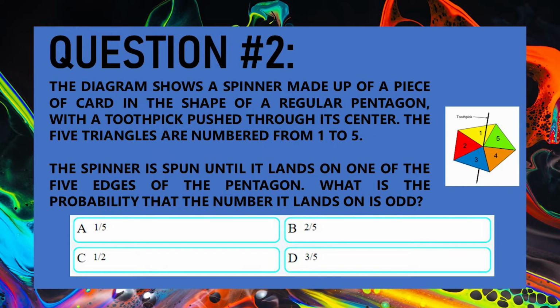Question number 2. The diagram shows a spinner made out of a piece of cord in the shape of a regular pentagon. With the toothpick pushed through its center, the 5 triangles are numbered from 1 to 5. The spinner is spun until it lands on one of the 5 edges of the pentagon. What is the probability that the number it lands on is odd? Letter A, 1/5. Letter B, 2/5.